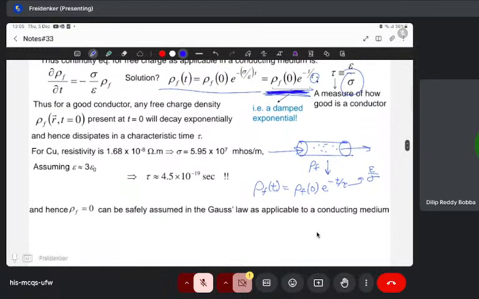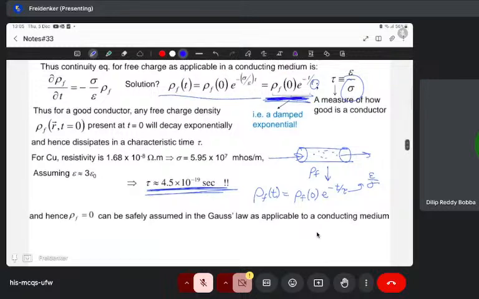Since for good conductors this happens almost instantly, you can consider rho f to be zero, because the moment something happens, the density suddenly goes to zero. Maybe you could substitute the values and see how much rho f is going to be after some amount of time, because the graph will look something like this.